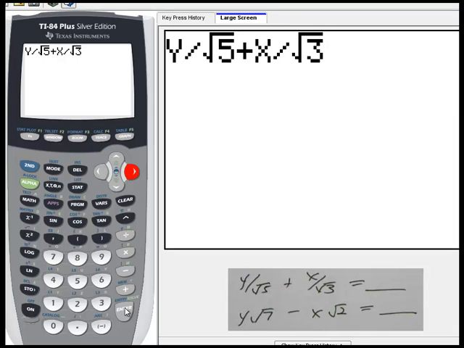Let's enter. 6. That's the same as the original first equation's right-hand side.